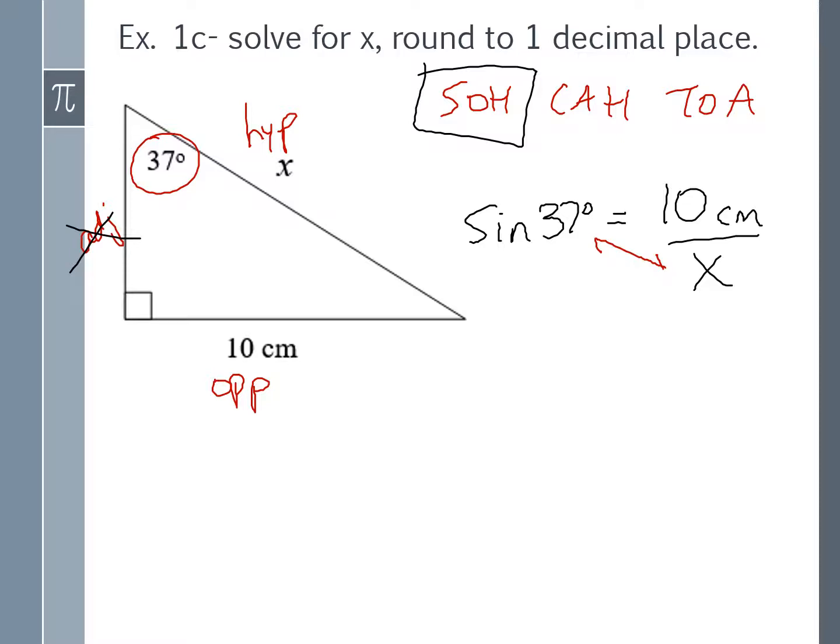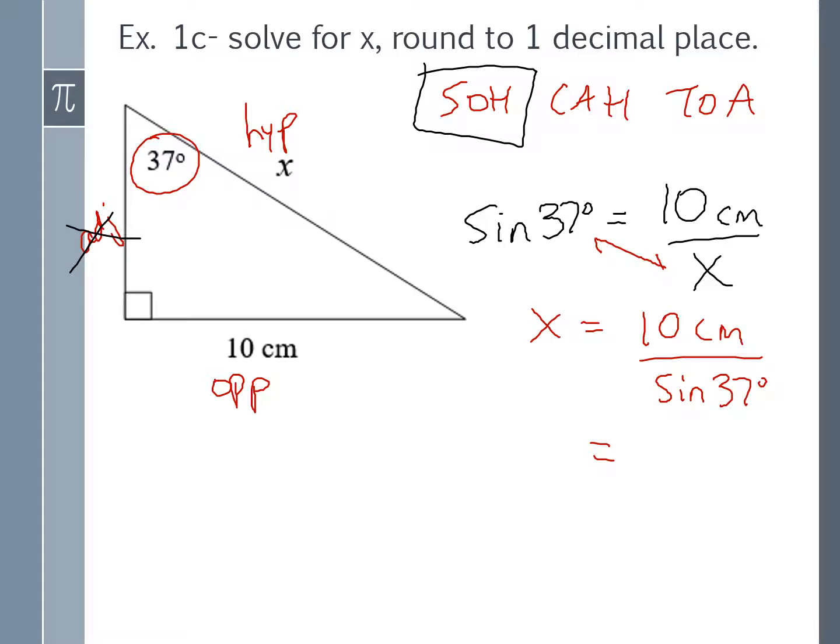Effectively what's going to happen is x is going to slide up. So x comes up here, and sine 37 slides down to the bottom. So again, it's kind of like a double cross multiply. The x multiplies up to the top left.